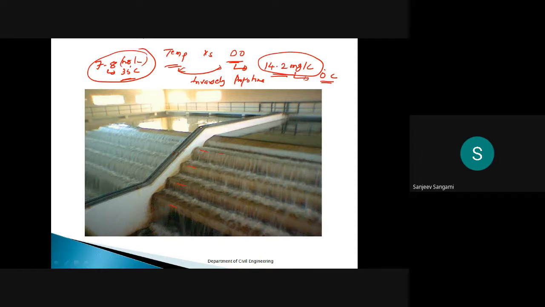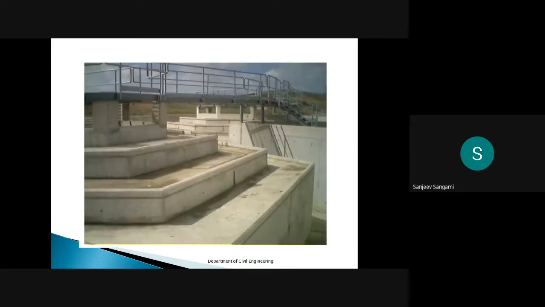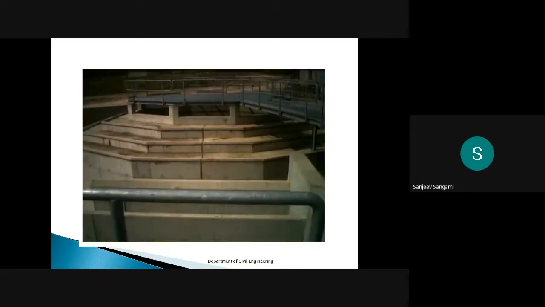Here you can see the water is coming and flowing in this direction. You can see the steps clearly here. Slowly it will fall, and whenever it falls, it will be exposed to the atmosphere.